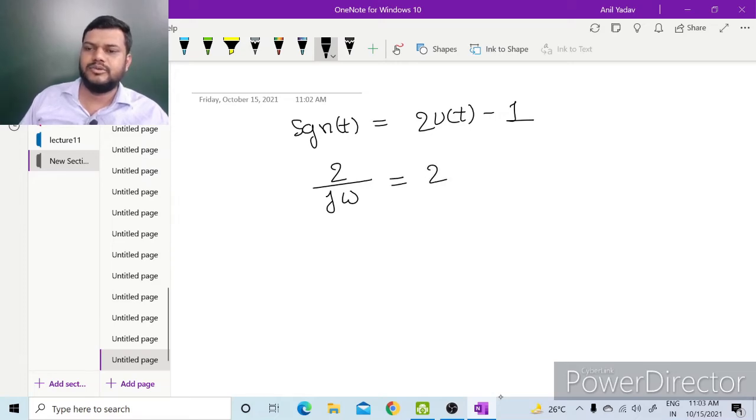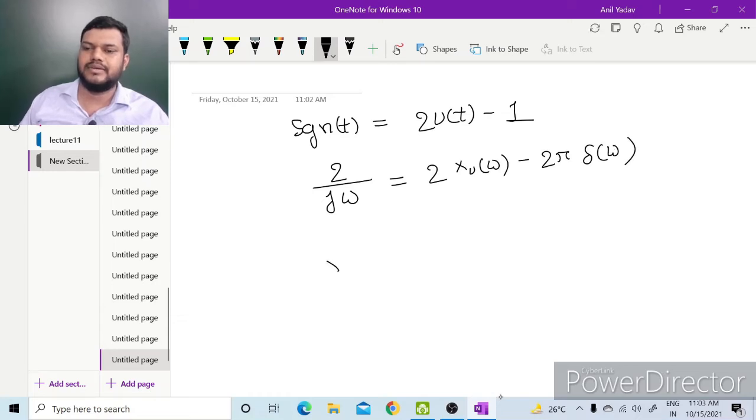Let us say u(t) has Fourier transform Xu(omega). This 1 will have Fourier transform, as we know delta(t) has Fourier transform 1, so 1 will have 2 pi delta(omega).